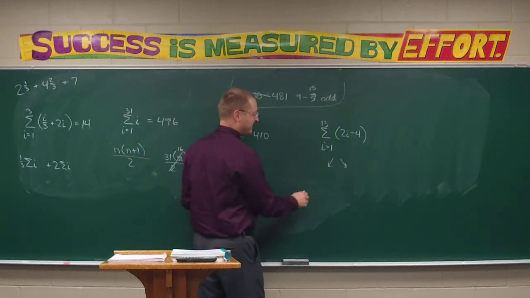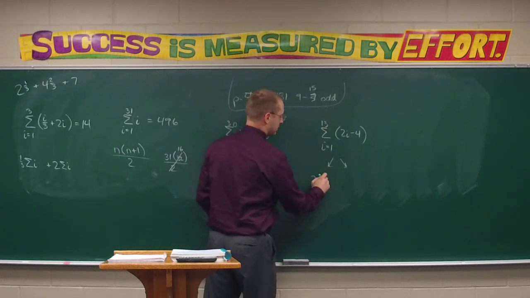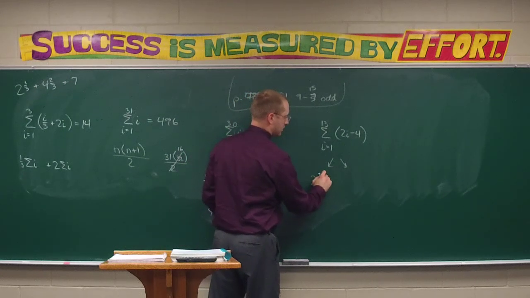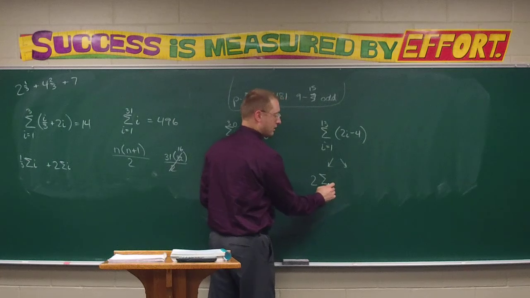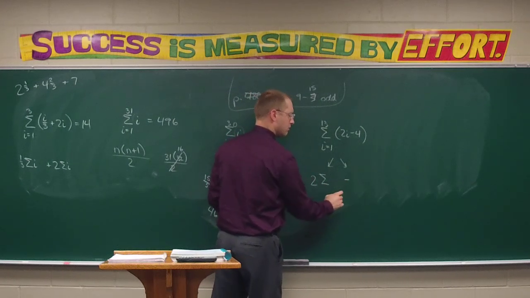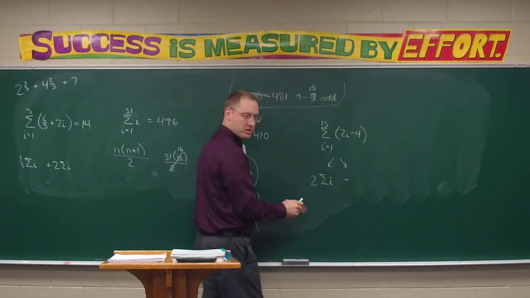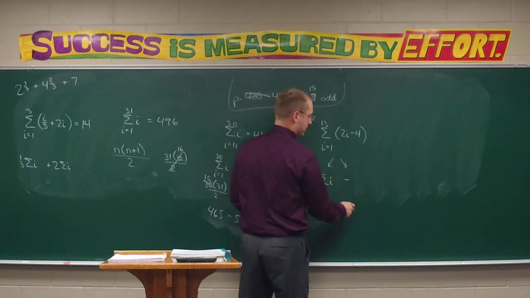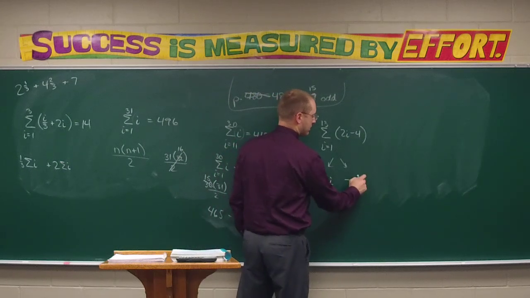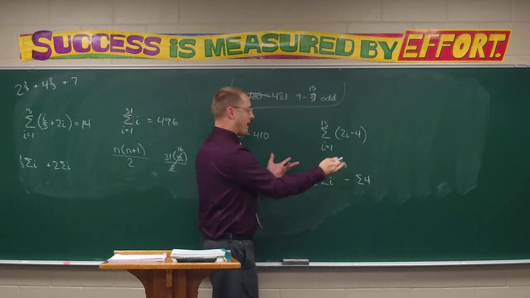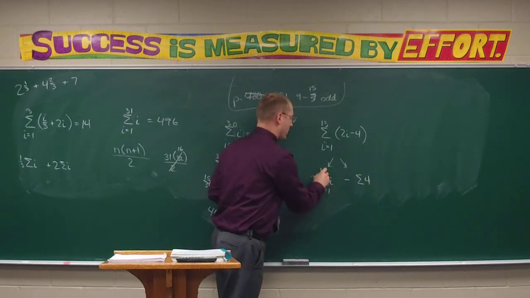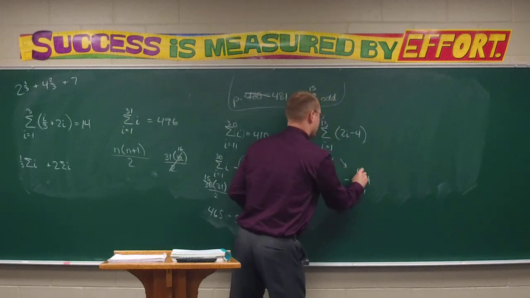Yep. 2 times the series of i minus the series of 4. Did you say i? 2 times the series of i minus the series of 4. There we go. 2 times the series of i minus the series of 4.